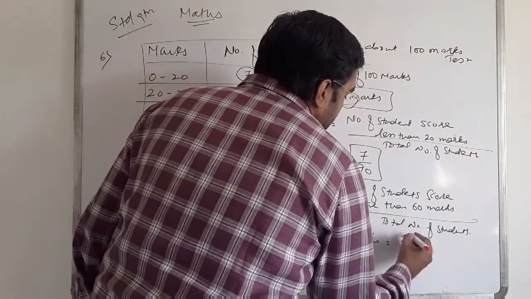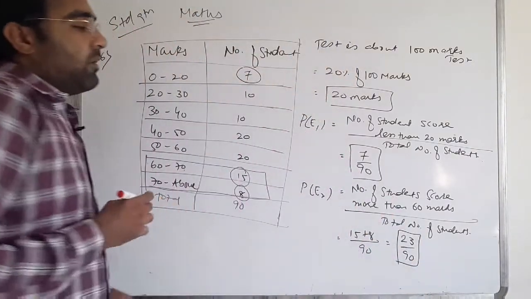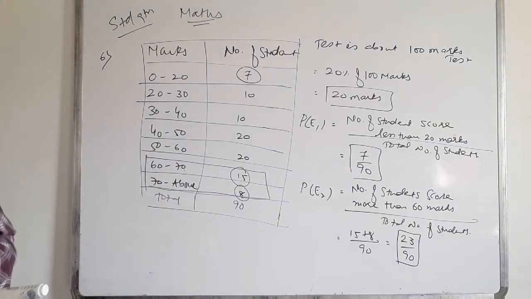So 23 by 90, that is your final answer. Okay, clear? So note this down first.